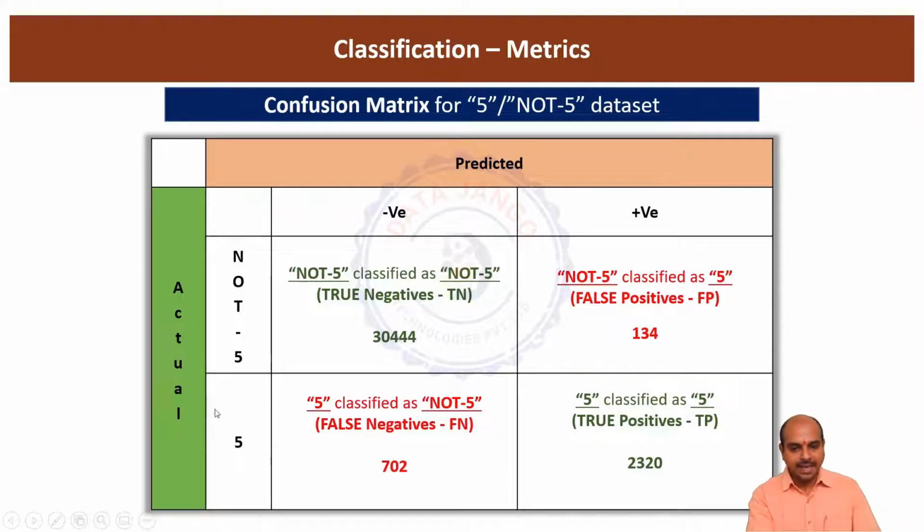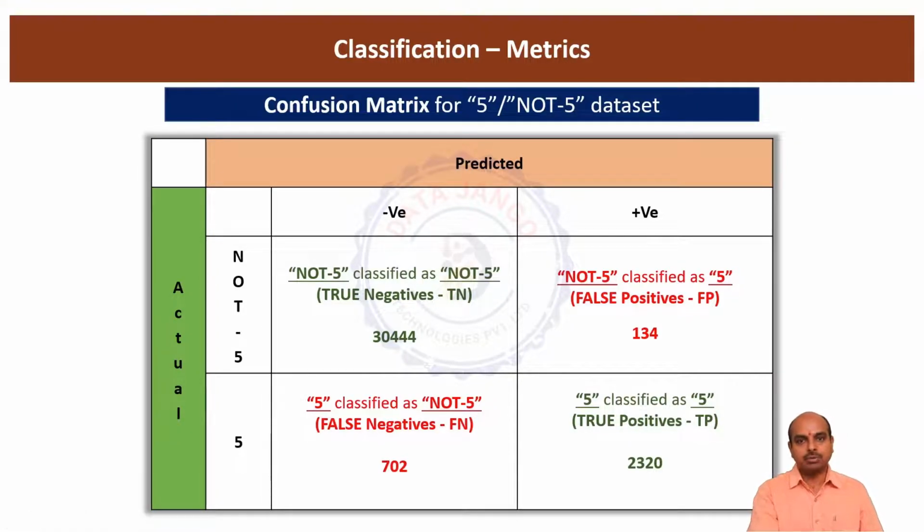And on the actual side, there are 702 records which are wrongly predicted as not 5, even though they belong to 5, and 2,320 records which belong to 5 are predicted as 5. So this confusion matrix gives you a clear picture of what's happening with the model, instead of looking at the percentage and accuracy score.